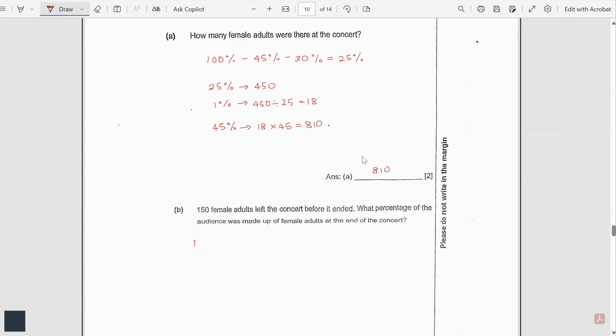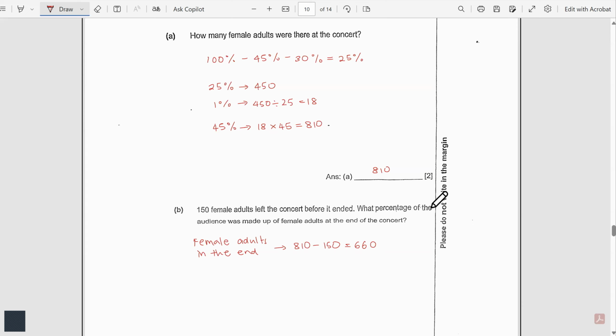So this is female in the end. Okay, 660.